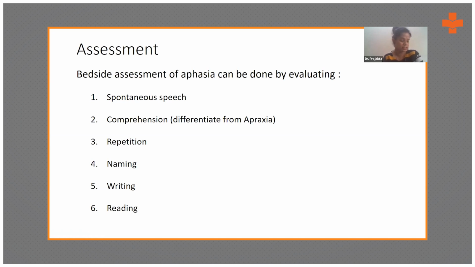First of all, it is the spontaneous speech. In spontaneous speech, the patient might be at an automatic level or at an emotional level. If it is at an emotional level, then we wouldn't have a lot of words to say. So if it is only at the emotional level, the patient would be non-fluent or using no words at all.